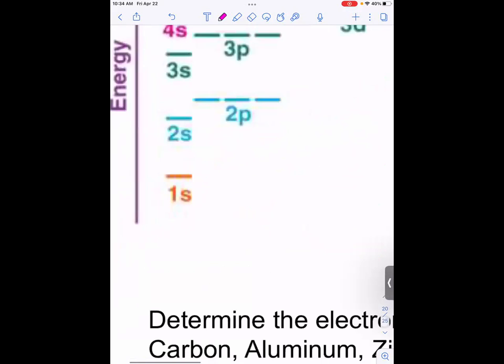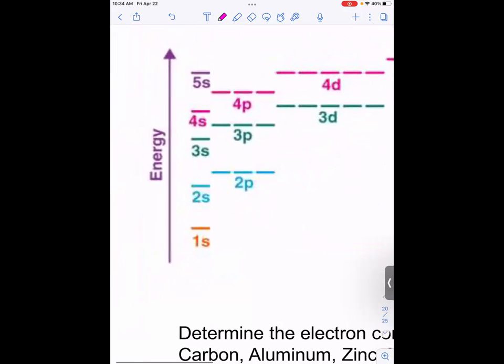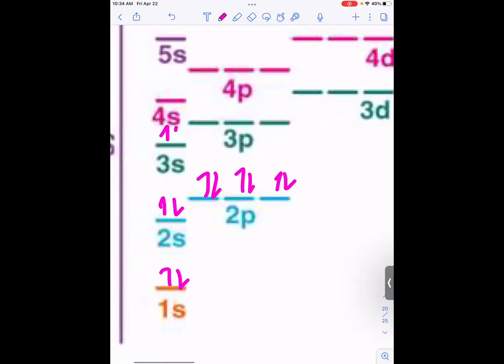So let's start filling it up, right? We gotta put in 20 electrons. So we're going here, 2 here, 2 here. That's 10. All right, and then we're gonna go here, put 2 here, and so that's now 12, 13, 14, 15, 16, 17, 18.